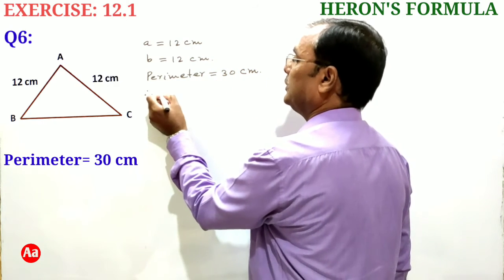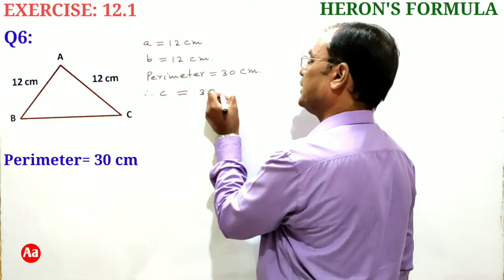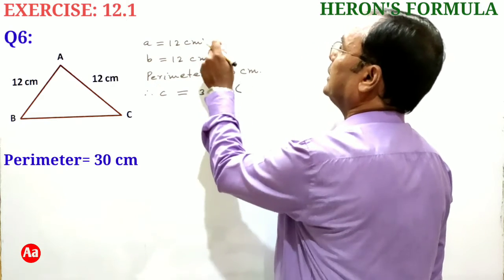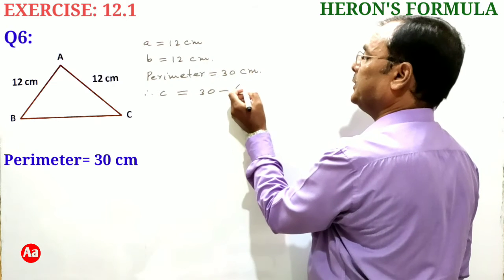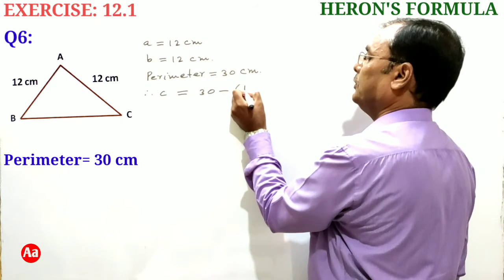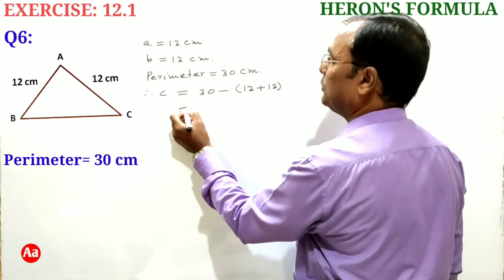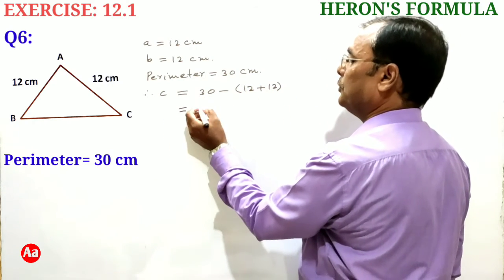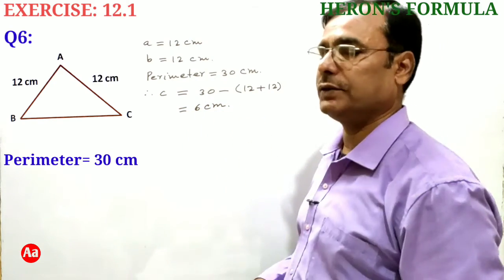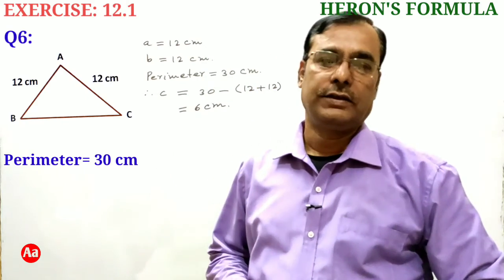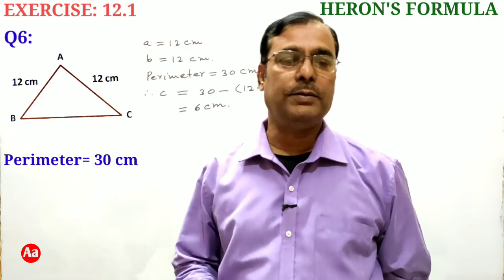So therefore third side C will be equal to perimeter 30 centimeter minus sum of the two given sides each of 12 centimeter long. So 12 plus 12, which is equal to 30 minus 24, 6 centimeter. So third side of the isosceles triangle is 6 centimeter and each of the equal sides is 12 centimeter.